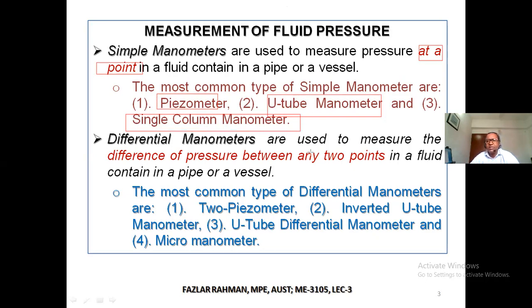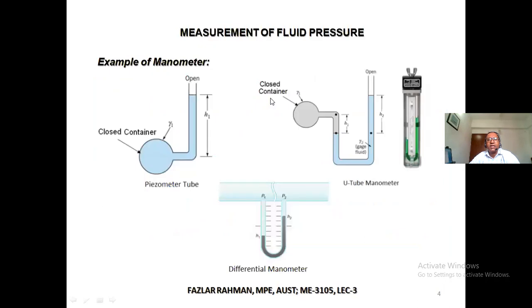Right over here is the differential manometer. It measures the pressure between 2 points and gives you the difference. It is used to measure the difference of pressure between any 2 points. Mainly there are the inverted U-tube differential manometer, the U-tube differential manometer, and then the micrometer. Okay, so let's see, we might have some picture of it.